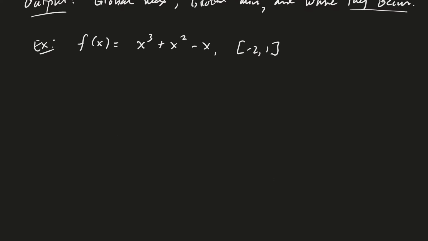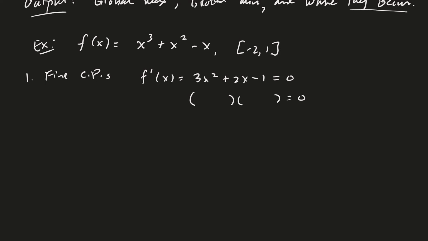First thing we need to do is find the critical points, the CPs. If I take the derivative, 3x squared plus 2x minus 1 equals 0. You could go to the quadratic formula, but hopefully this factors. Since it's a book problem, it probably does. 3x and x guaranteed.